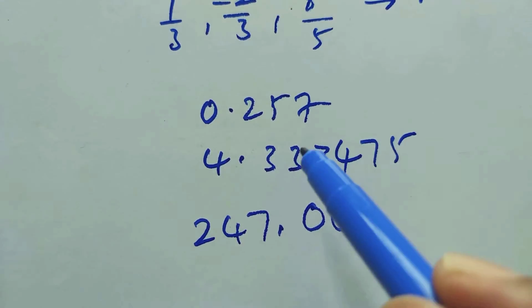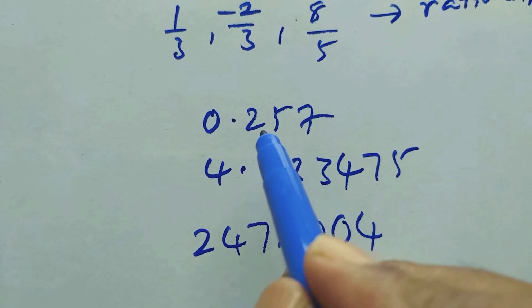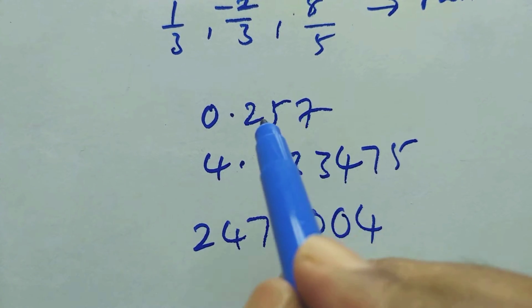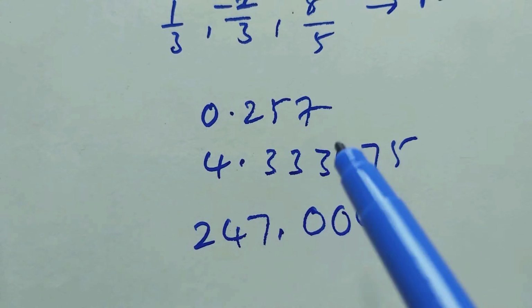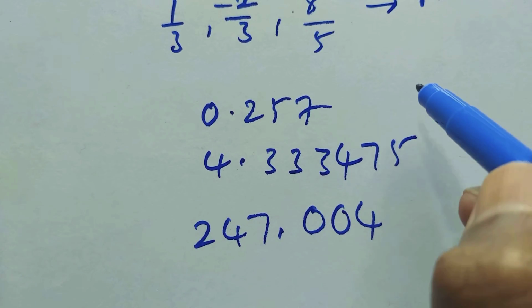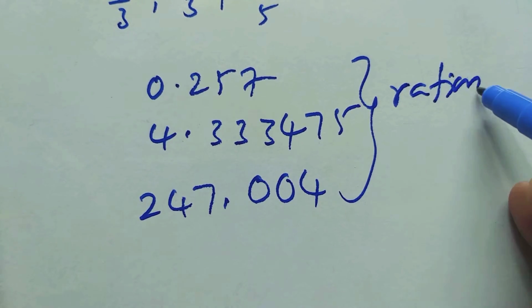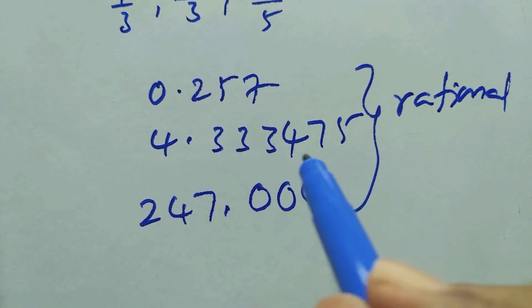This type of decimal number with finite digits, meaning the decimal digits are countable, 3 digits, 4 digits, are surely rational numbers.